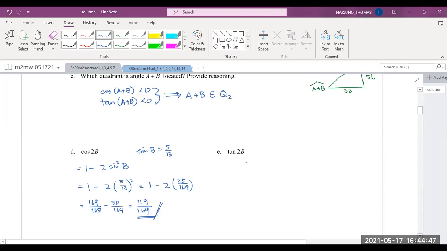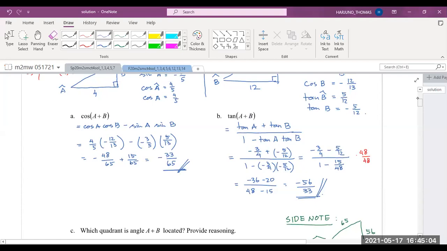Now tangent 2B will be 2 tangent B over 1 minus tangent squared B. What is tangent B? Let's see above. Tangent B is negative 5 over 12.